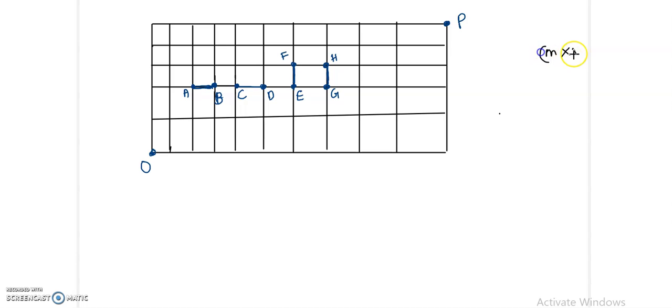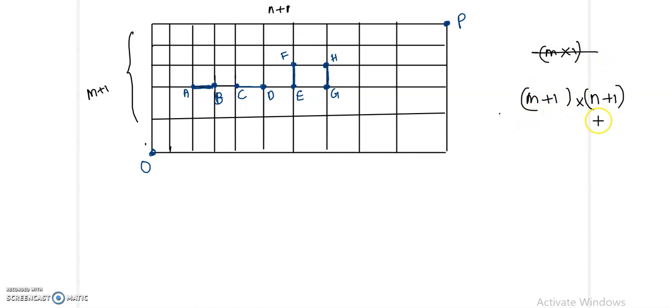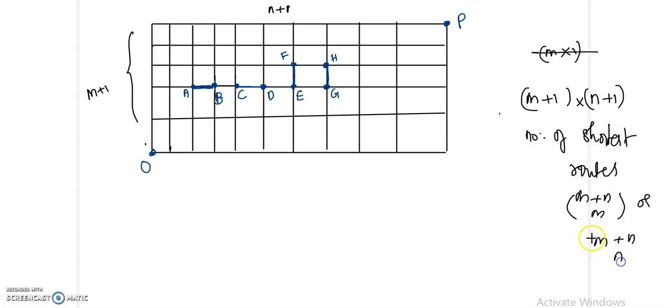If you have an m plus 1 by n plus 1 grid, with m plus 1 lines in one direction and n plus 1 lines in the other, then the number of shortest routes from this point O to this point P will be given by m plus n C m.